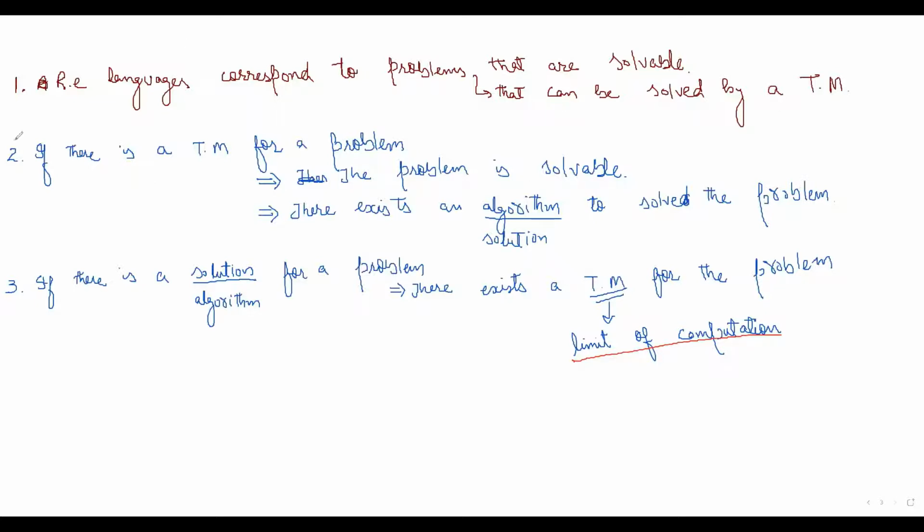So from these points 2 and 3, we can write them in combination: if there exists a Turing machine for a problem, it is equivalent to saying there exists an algorithm for the problem.